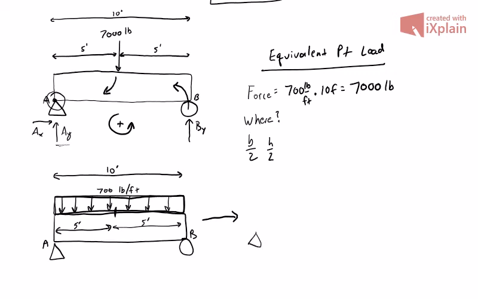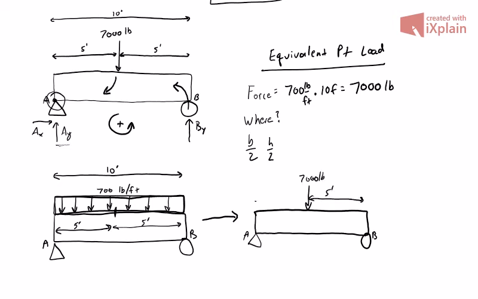So if we decide to draw a picture with our equivalent point load, draw our beam, our roller support, and our pin support. Draw our equivalent point load of 7,000 pounds and say that it's 5 feet in from either side. Right? So then at this point, we would be able to go ahead and solve for our reaction forces at A and B. A, again, having both an X and Y component because it's a pin support.